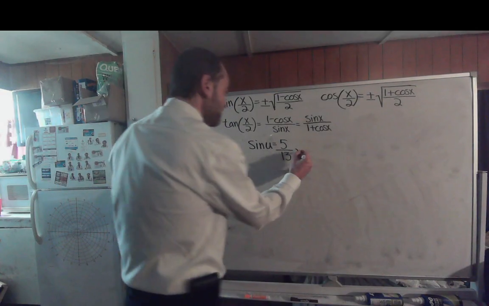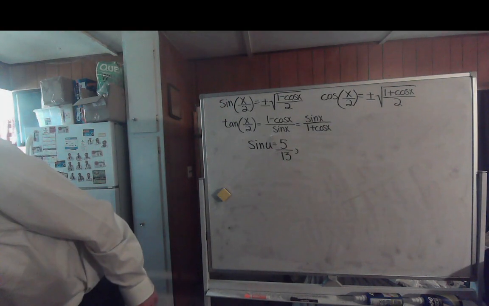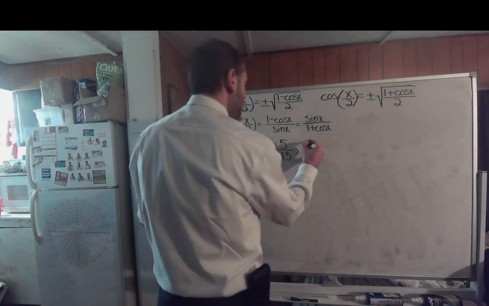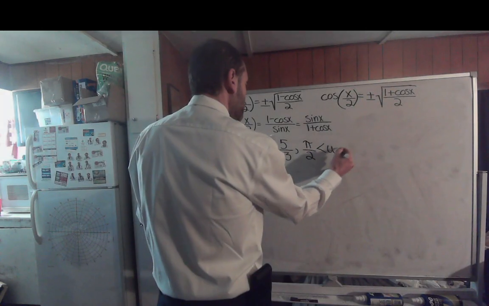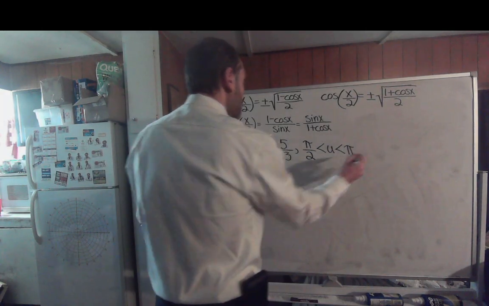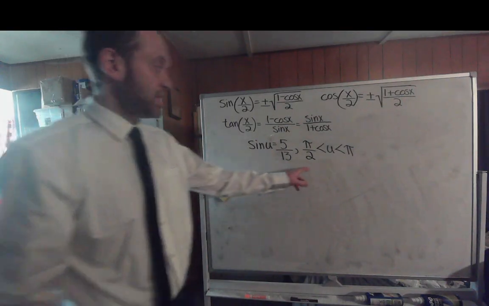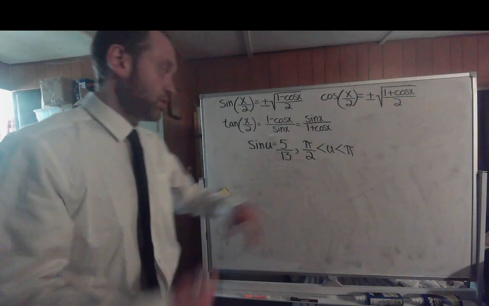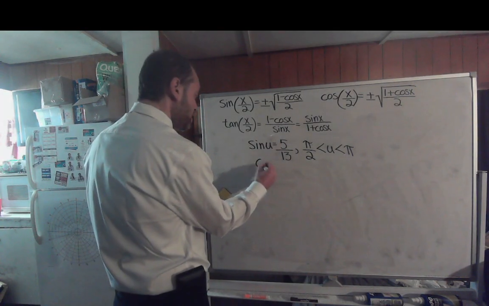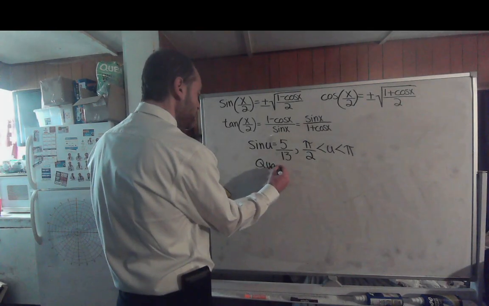What else are they giving you? They're giving you that pi over 2 is less than u, which is less than pi. Well, when pi over 2 is less than an angle, which is less than pi, that's referring to the second quadrant. So we're going to be dealing with a quadrant 2 angle.